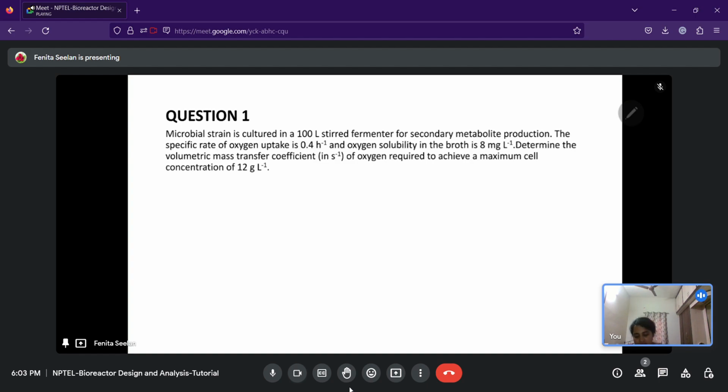So how will we proceed with the problem? First we will start noting down the given values. Volume V is given as 100 liter. The specific rate of oxygen uptake, that is QO2, is 0.4 per hour.